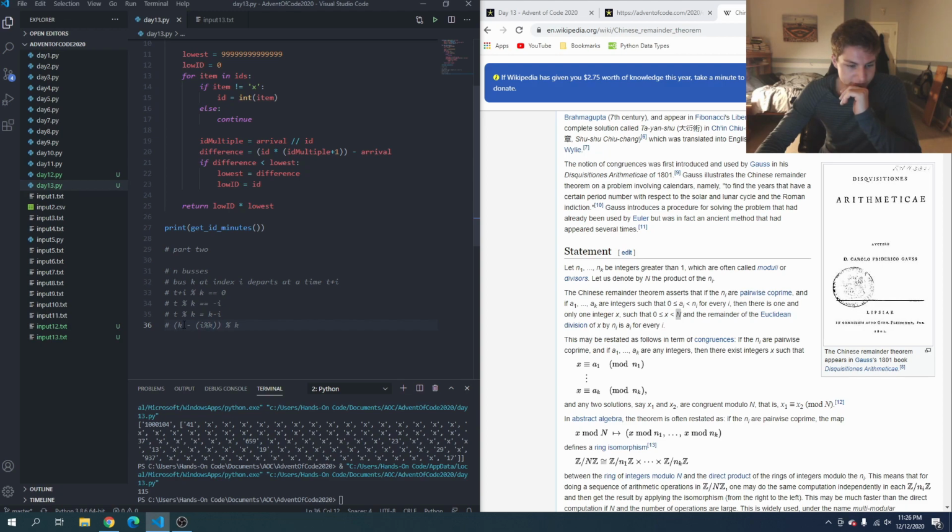Especially because if we have k minus I, we can end up with a negative value, and we want it to be between 0 and k. So let's just see what we can do with this to start.